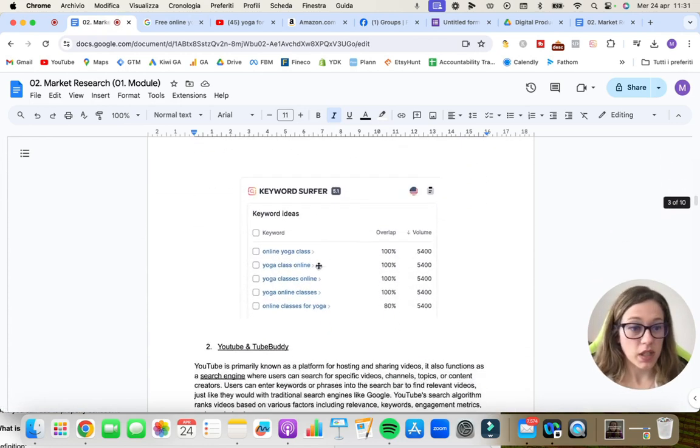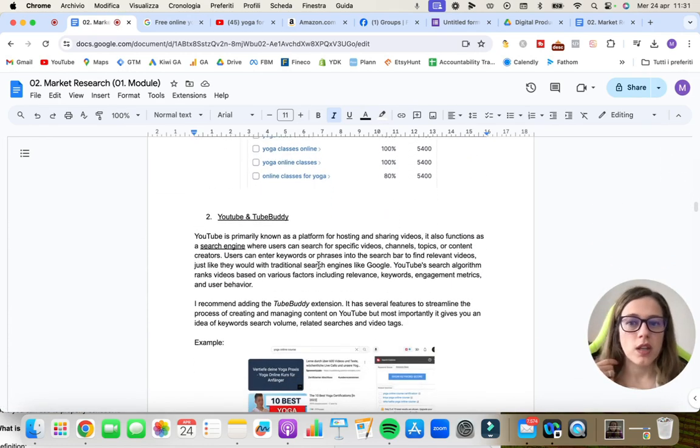Then another method that you can do is you jump on YouTube and you use Tubebuddy. YouTube is primarily known as a platform for hosting and sharing videos, but it also functions as a search engine. So very important to define this, where users can search for specific videos, channels, topics, or also content creators.